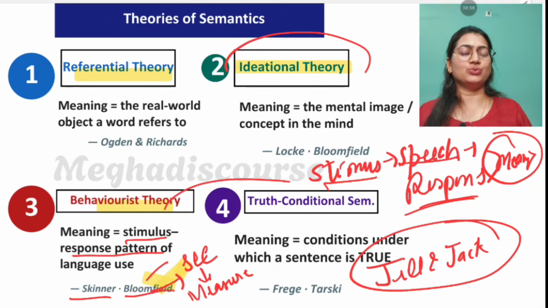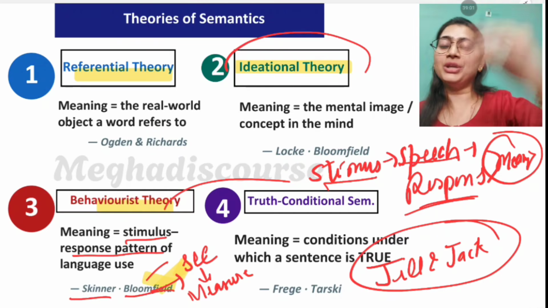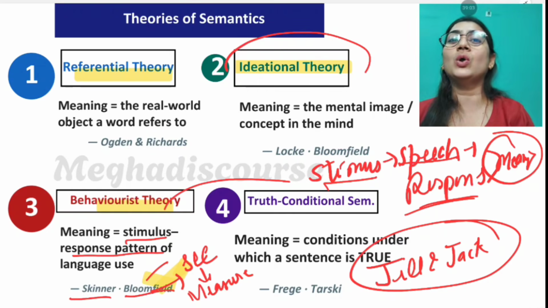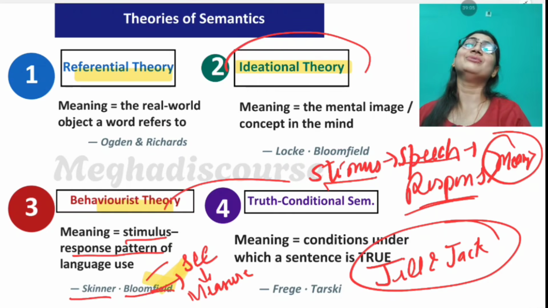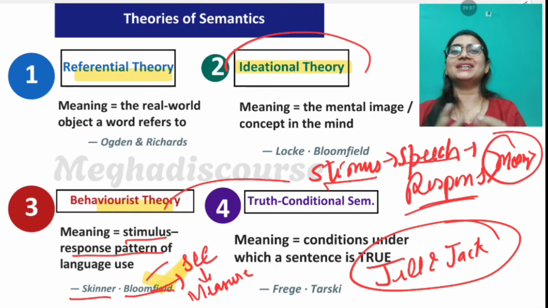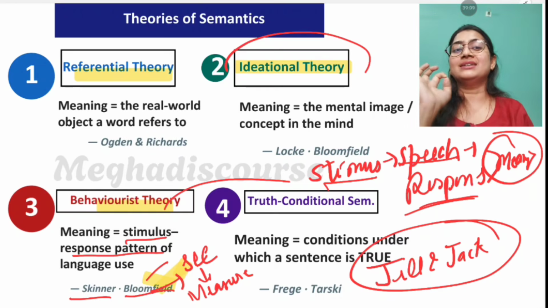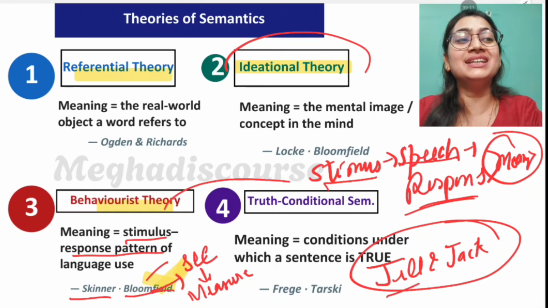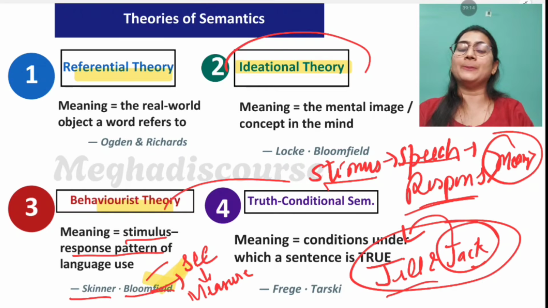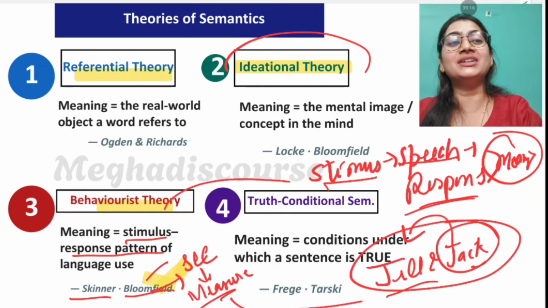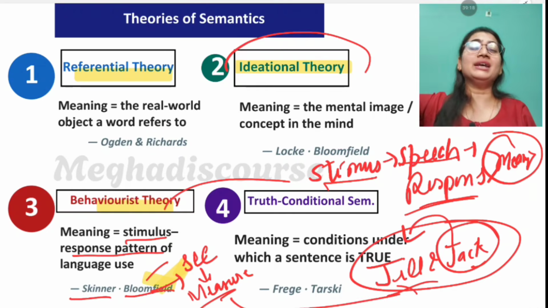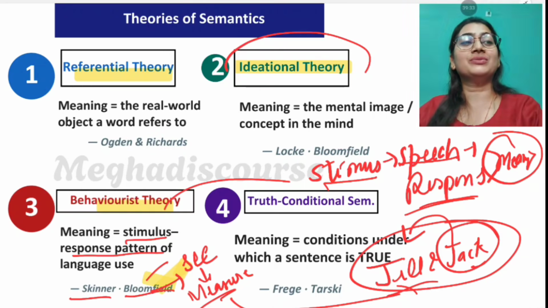Now, what will Jack do? Jack will climb the tree and he will pick all the apples and then he will give them to Jill. So what is the measurement? Jill is hungry. And what is the action? What he measured? He climbs the tree and then he picks the apple for Jill. So this is the response. What is the utterance?